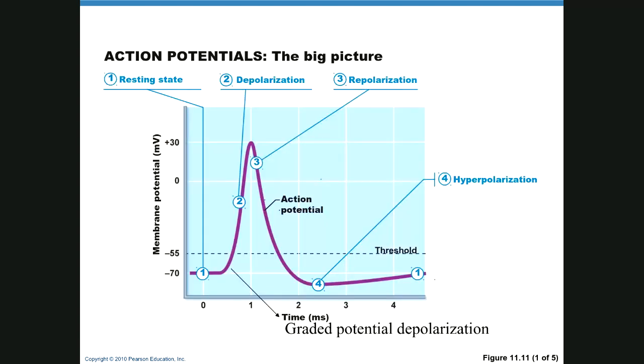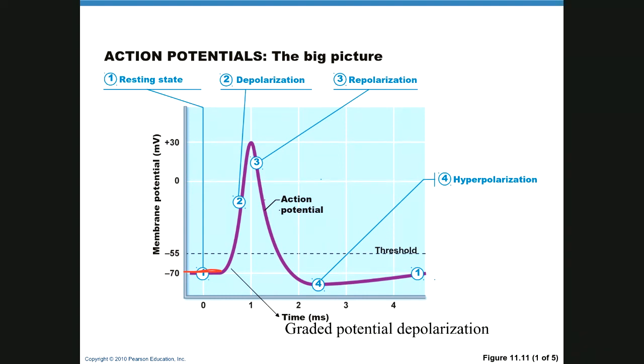This is a representation of the action potential. You definitely need to know this curve and the parts of the curve, what is happening at each step. So this is the membrane at rest. And by the way, this is happening at the axon hillock, and then it will continue to happen down the axon. This is what we call the action potential.